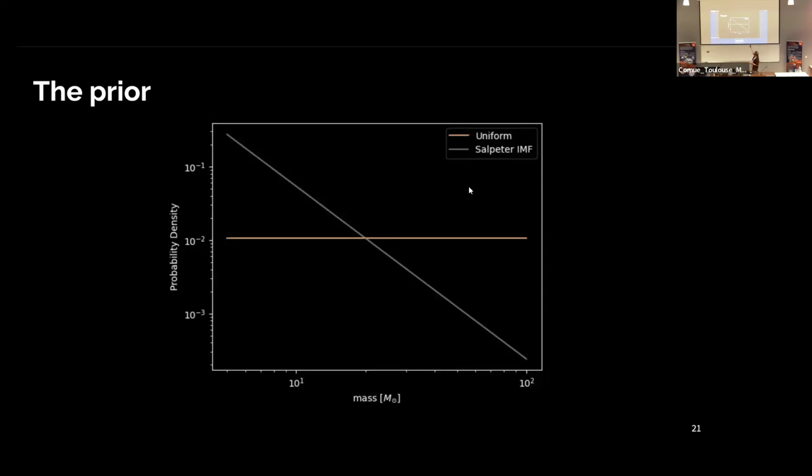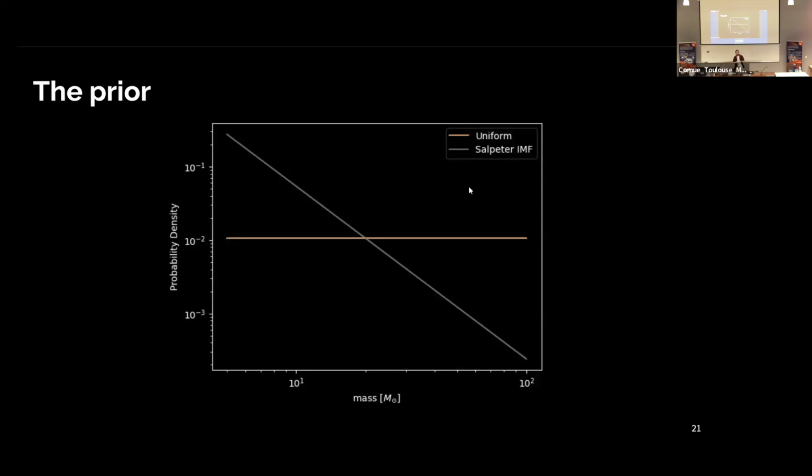So for example, we can assume that all black hole masses are equally likely, as shown here by the orange curve. We could say that a black hole of mass 100 is as likely as a black hole of mass 2. An alternative would be to use an astrophysical understanding and say we know from stellar evolution that stars follow the Salpeter IMF, and therefore are more likely to have lower mass than higher mass.